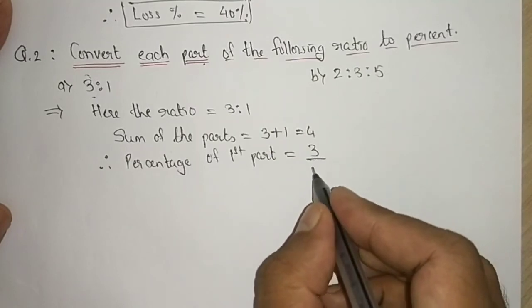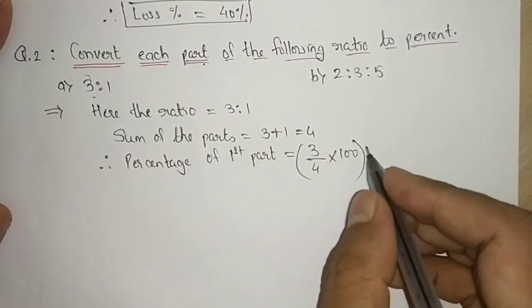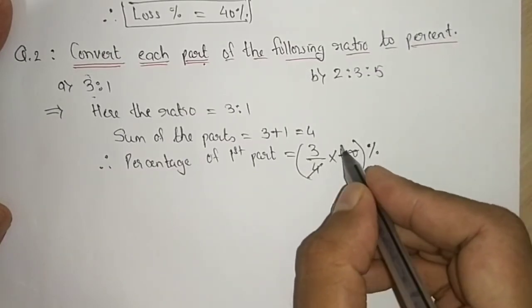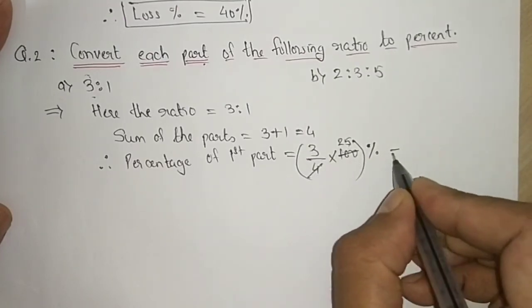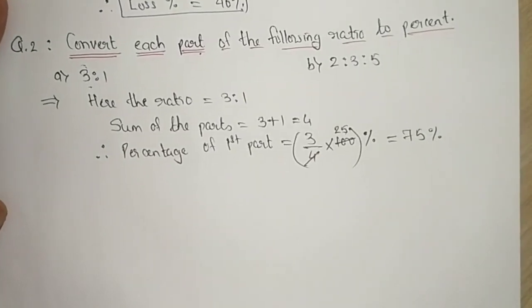Out of 4 parts. And then multiplied by 100. So I will get percentage sign. 4 ones are 4, 25 are, and then 25 threes are 75. So it is 75%.